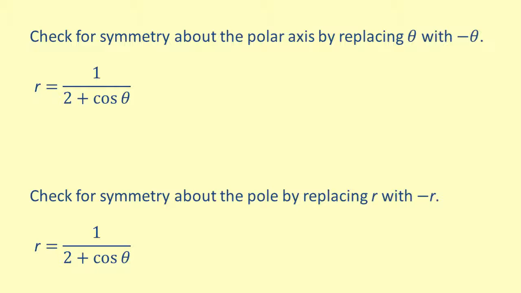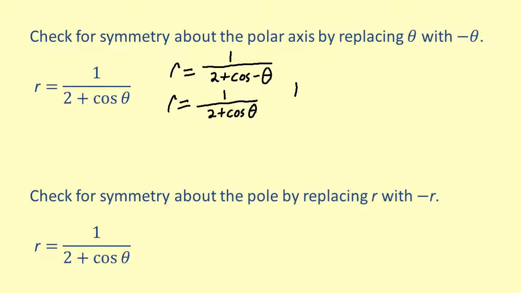Replacing theta with negative theta gives r equals 1 over 2 plus cosine negative theta. In the previous test, we saw cosine negative theta is equal to cosine theta. So, r equals 1 over 2 plus cosine theta. This is the original equation, so r equals 1 over 2 plus cosine theta is symmetric about the polar axis.